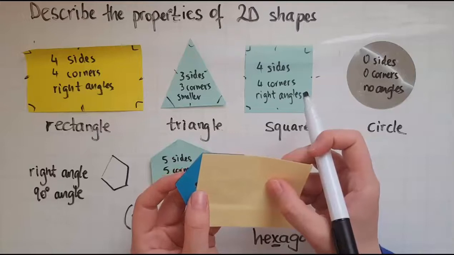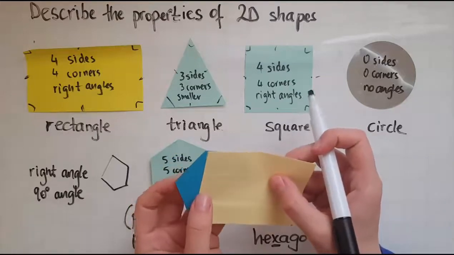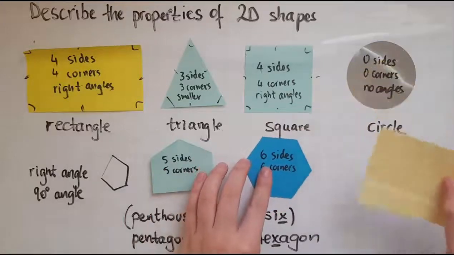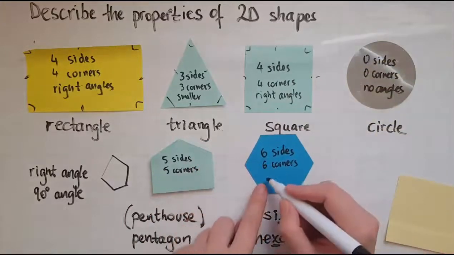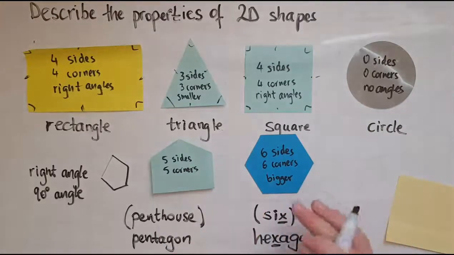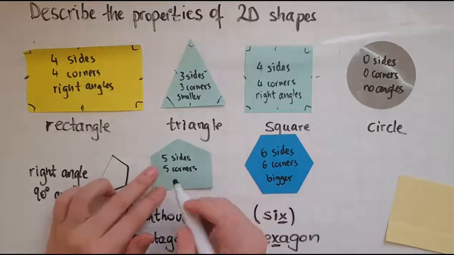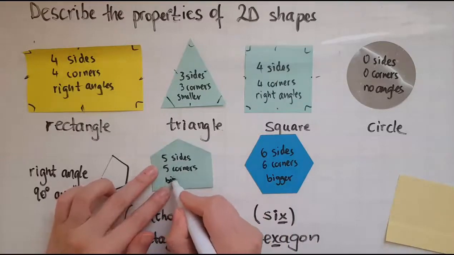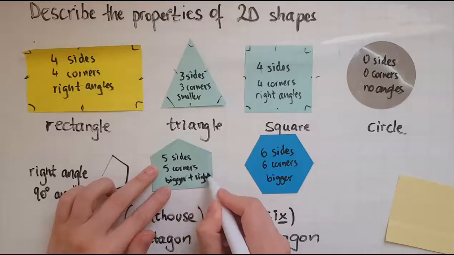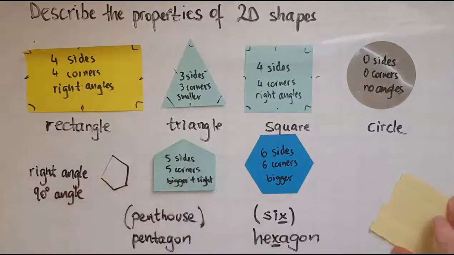So bigger than a right angle, bigger than a right angle, bigger than a right angle. So these are bigger or greater than a right angle. This has bigger and right angles, this particular shape.